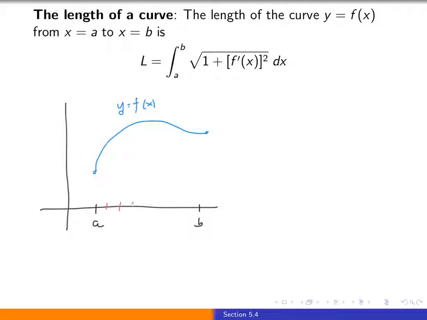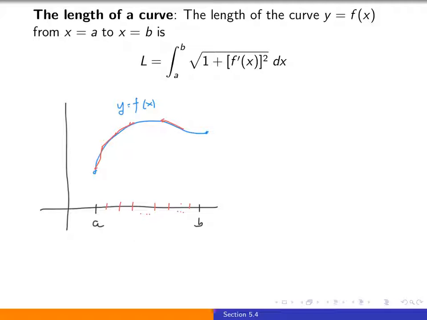And we take this interval that we have and we break it up into a bunch of small little subintervals. And then on each subinterval, what we are going to do is approximate the length of the curve with a line. And then we add up the length of all of those lines. That gives us our approximation. We take the limit as n goes to infinity and it turns into a definite integral.